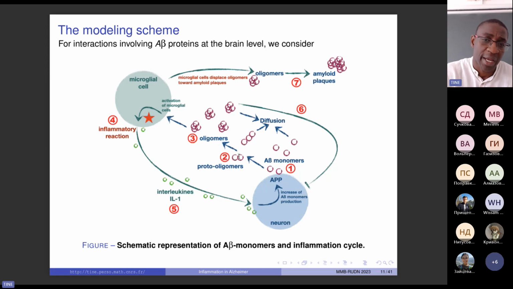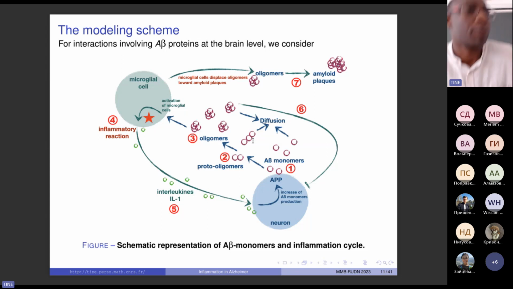If it aggregates with another A beta monomer, they form a proto-oligomer of size 3, etc. So there is a rate of gain of monomers. Once we have one proto-oligomer, it can gain monomers and can also release monomers.